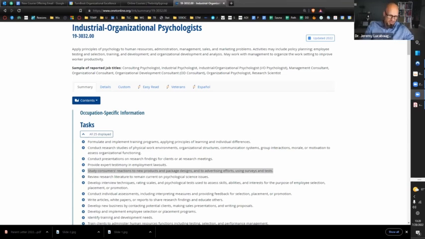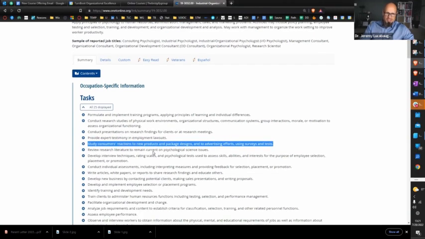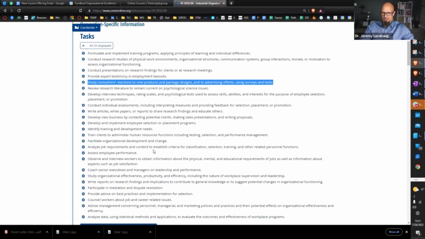So I pulled up industrial organizational psychologist, and if you look right here, one of the tasks is study consumers' reactions to new products and package designs and to advertising efforts using surveys and tests, which is really interesting because it's one of the only externally focused functions listed here that doesn't have to do directly with within the organization.